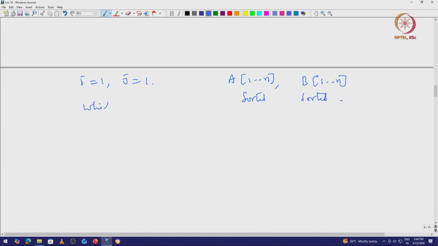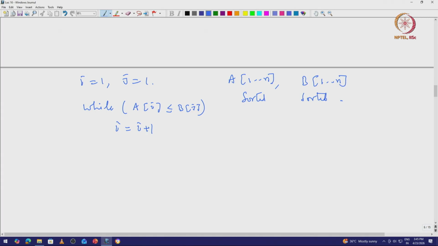While Ai is less than or equal to Bj, i equal to i plus 1. The smaller values are all skipped over. All smaller values are skipped over.